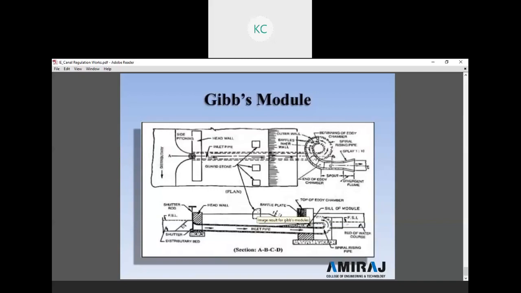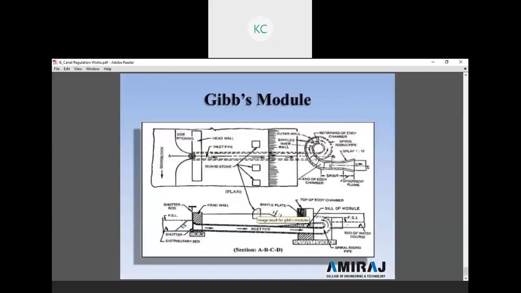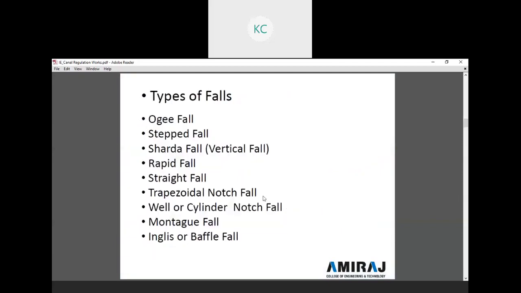There are different kinds of gates and barrages available to dissipate the excessive or destructive energy of the water and flow the water at subcritical velocity, which also helps power generation as well as preventing the entry of silt in the particular area.